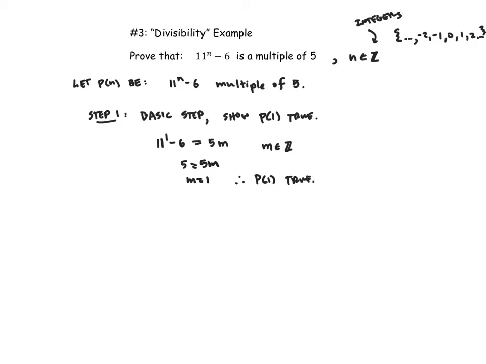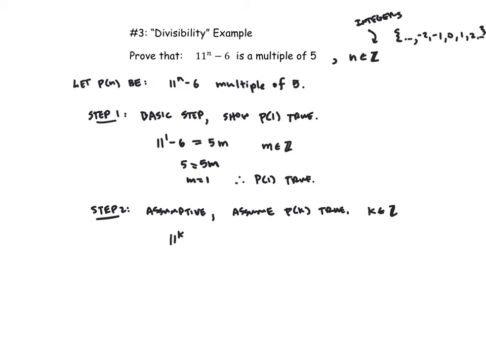Okay, I've shown it's true for step 1. Let's assume it's true in step 2. Okay, it's our assumptive step, and our assumptive step is to assume P of k is true. You're starting to get the swing of things here. We're going to put k in the integer set.